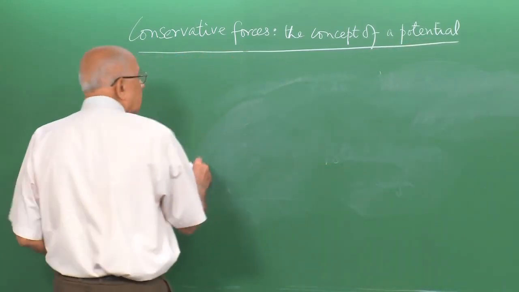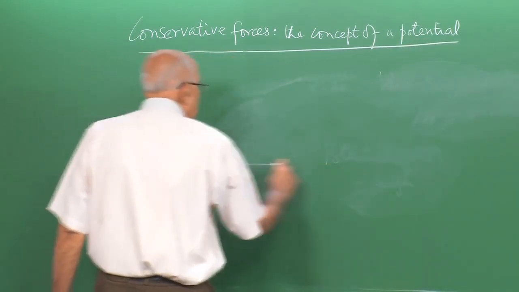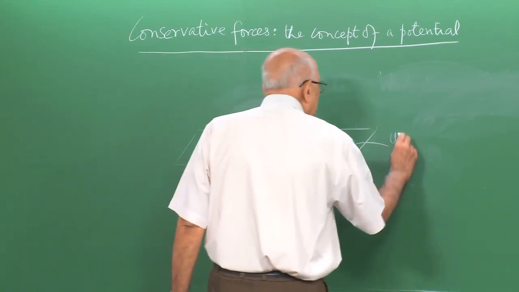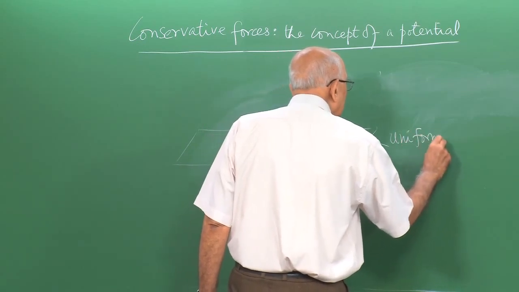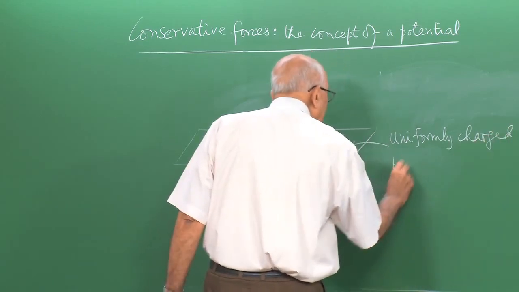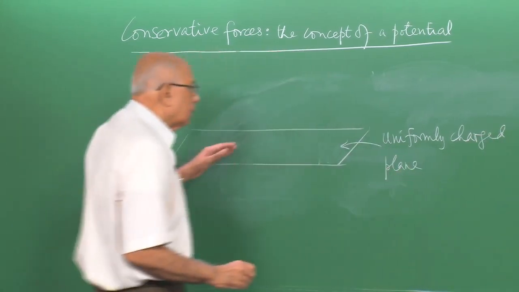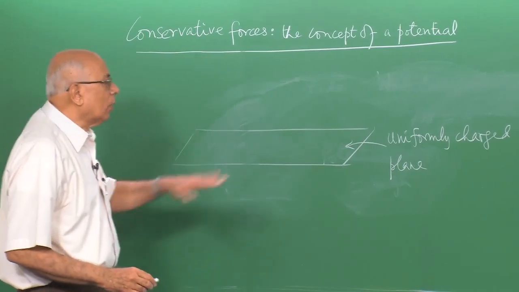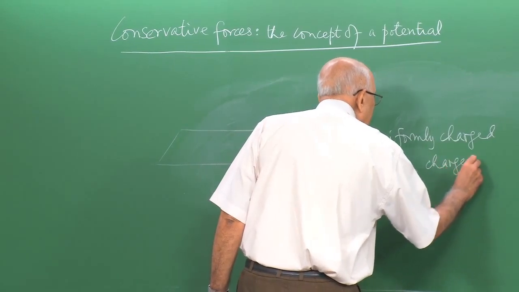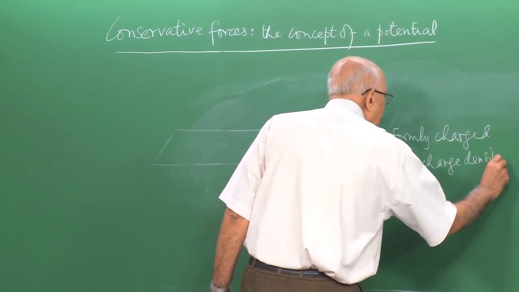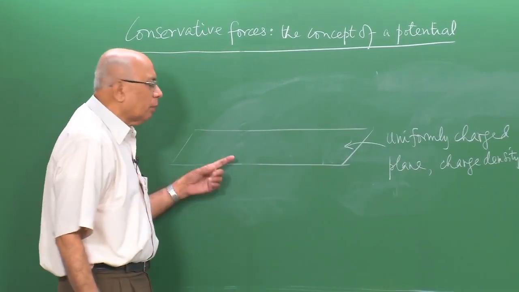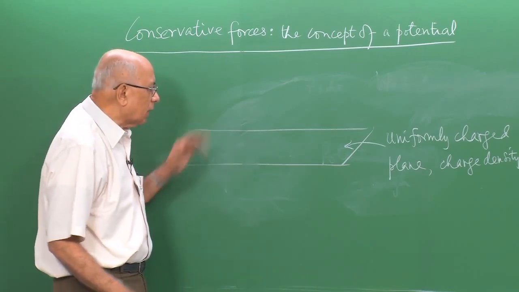Suppose you have, and this is a very familiar example in electrostatics, an infinite uniformly charged plane. So the xy plane is a uniformly charged plane with a surface charge density equal to sigma, say. So sigma is the amount of charge per unit area of this infinite xy plane.